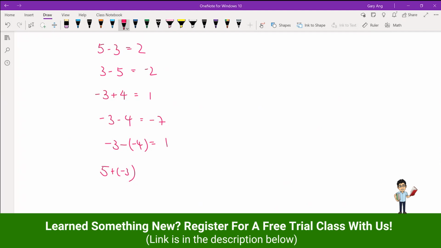So when you are adding a negative number, you are not really adding, you are actually subtracting. Make sense? So when you are minusing a negative number, the opposite happens. That's why you're adding. Try to understand. If you don't understand, you can memorize that a double negative gives you a positive.